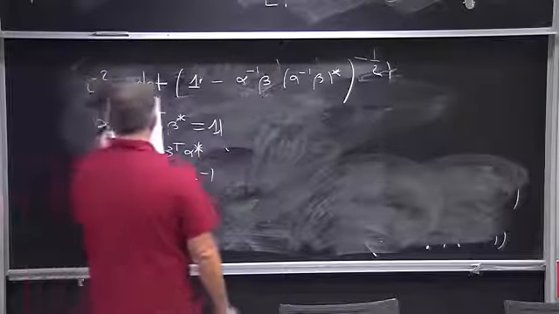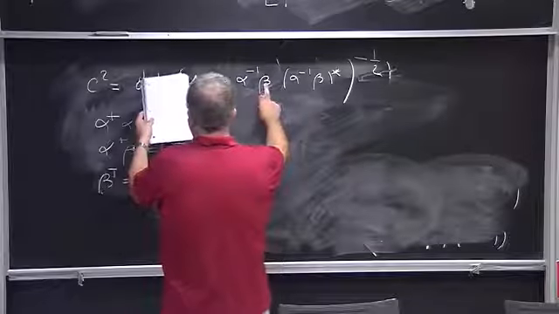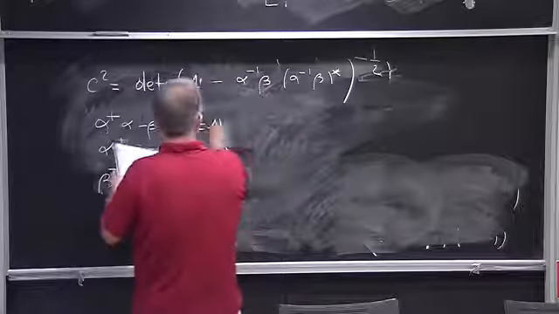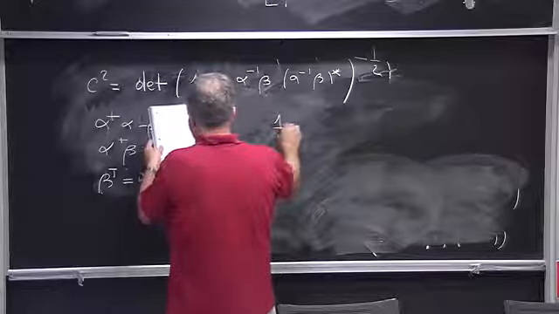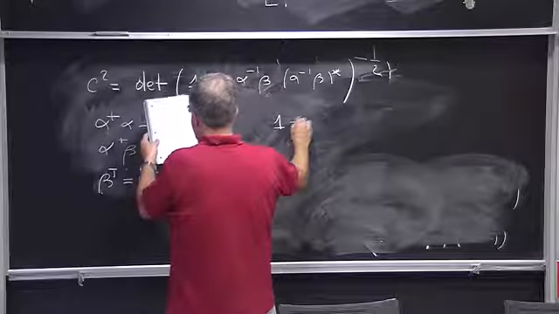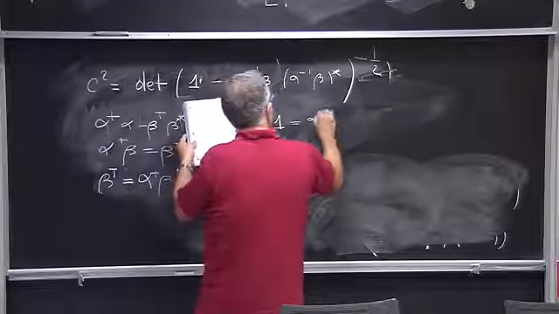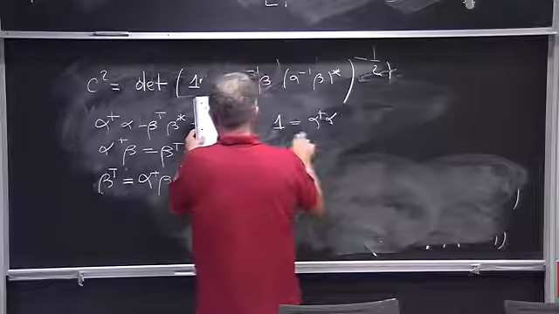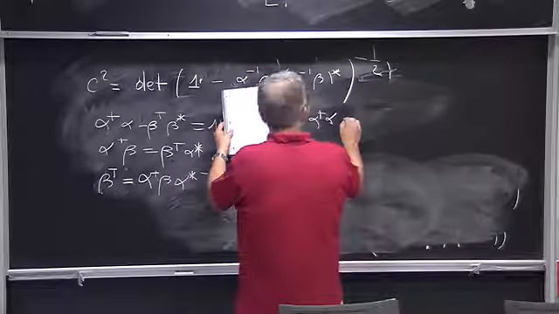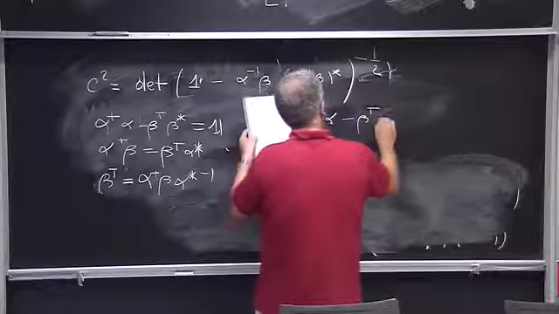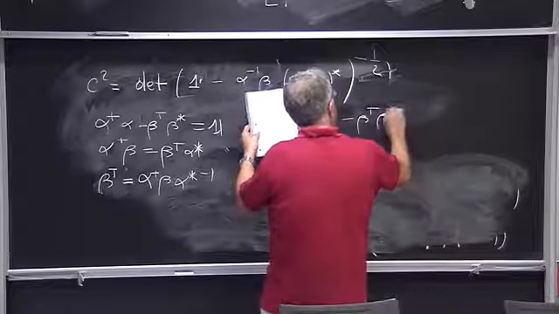So this identity, 1 is equal to alpha dagger alpha minus beta transposed beta star.